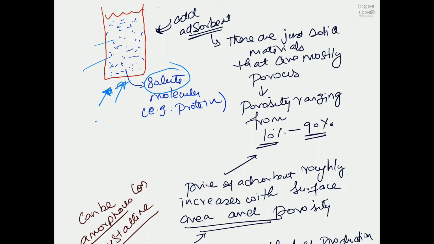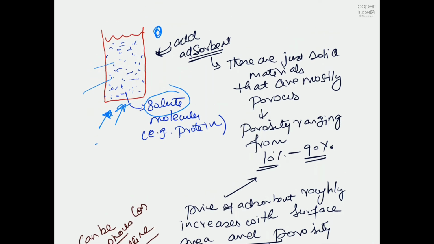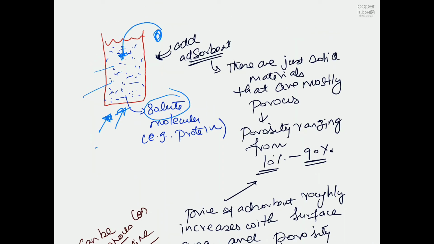Then we are going to add an adsorbent, and then, as I said, your solute molecules are going to move from your solution side to the surface of the adsorbent. So far I showed a simple diagram, but none of your adsorbent materials is going to look like a small spherical ball.